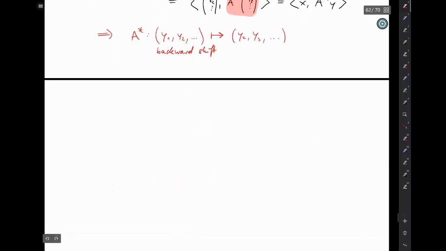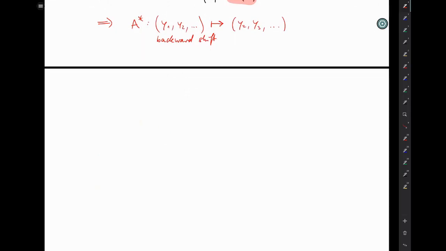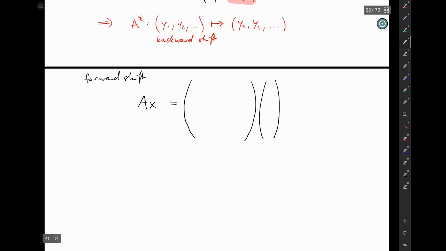So let's try to write the forward shift as an infinite matrix. And what we know is that if we apply it to an infinite vector x, we get almost the same vector, but only shifted one position forward, or we could say downward here, and the empty first slot is filled with a 0.